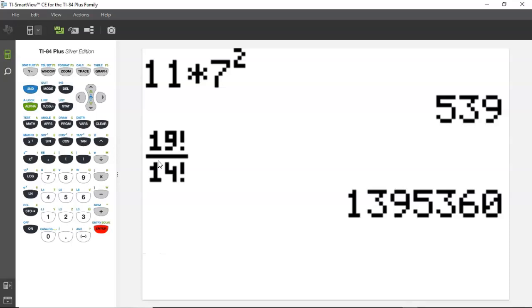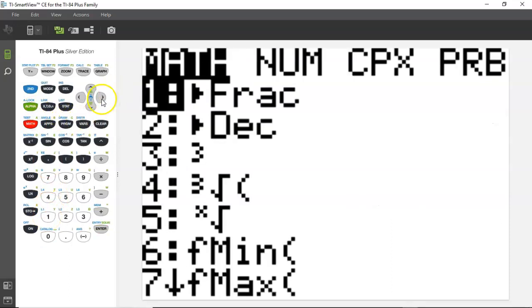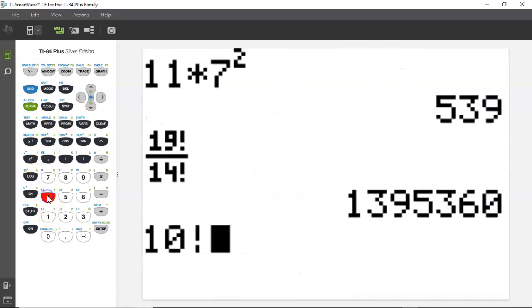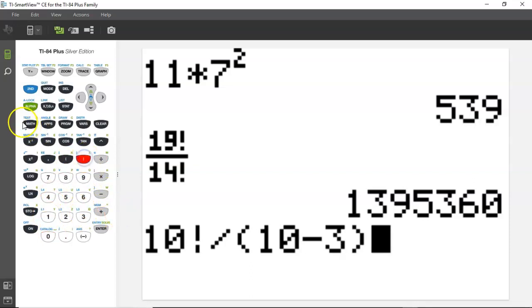You want to be very careful on how you enter your information, because I'll show you the mistake, because I know students make the mistake quite frequently. 10 factorial, divided by, and then you do parentheses. Let's say you do 10 minus 3 factorial. You don't want to write it out, or simplify it.